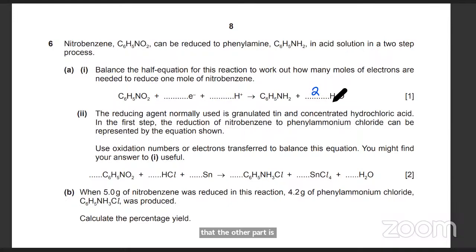How many H's do we have? That's 2, and then how do I balance the H's? That's 4H plus, I guess. It should be 6H, not 4H. Sorry, yes, it's 6H.